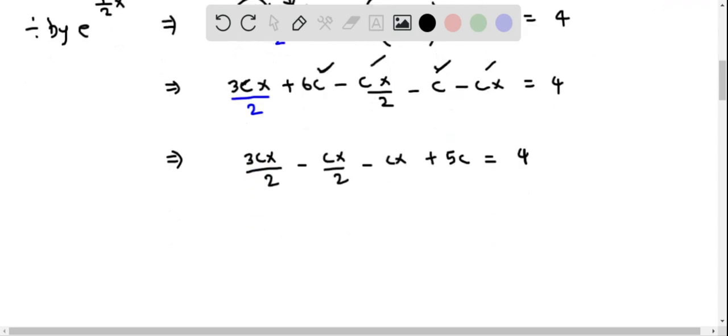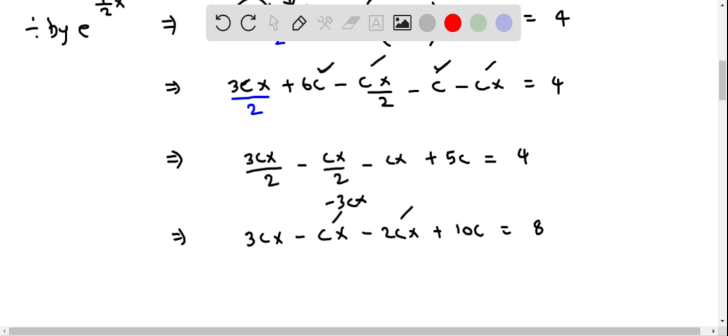Now let's multiply all the terms by 2 so that we can remove the fraction. So therefore this will be 3cx minus cx minus 2cx. This will be 5c times 2 is 10c. This equals 4 times 2 is 8. So this gives negative cx, negative 2cx is negative 3cx, and negative 3cx plus positive 3cx is 0.